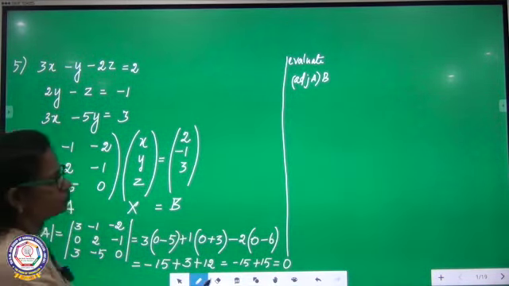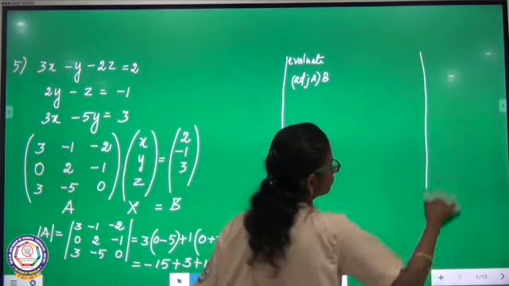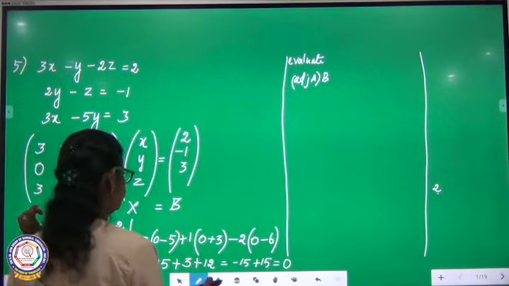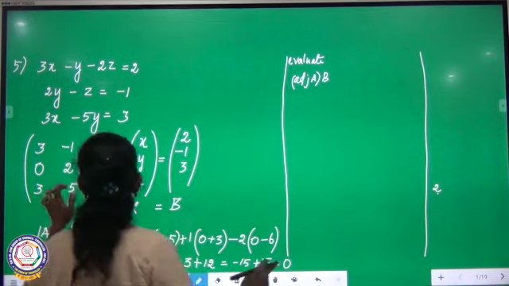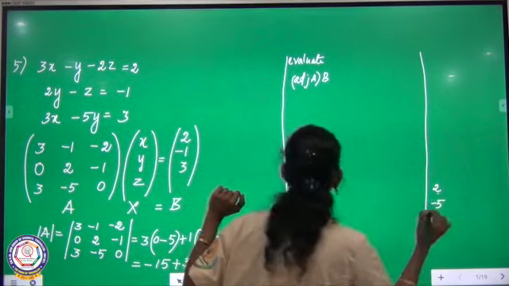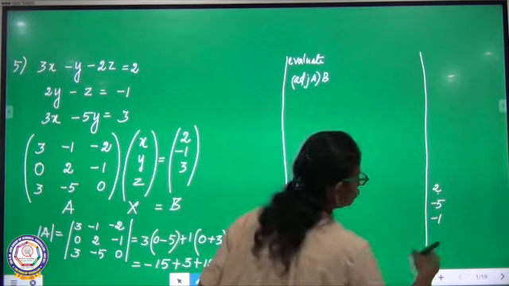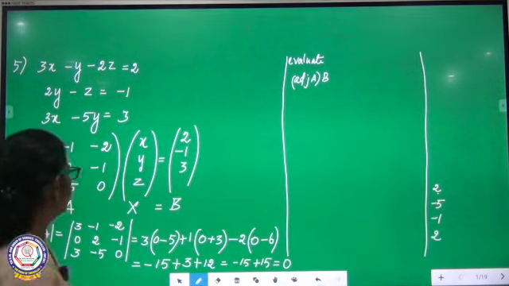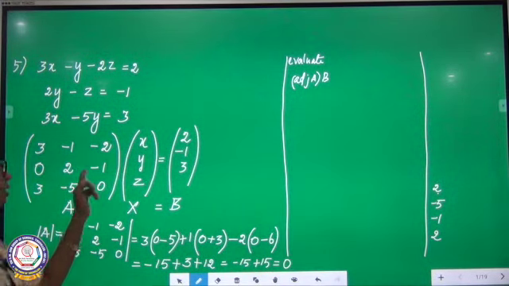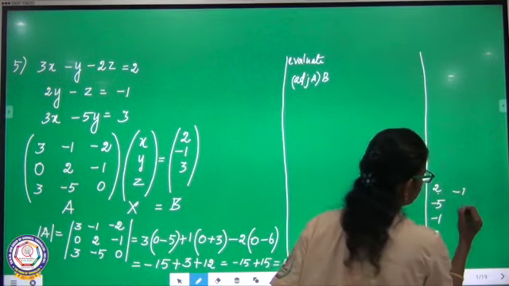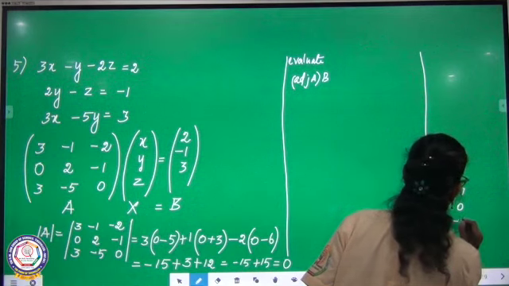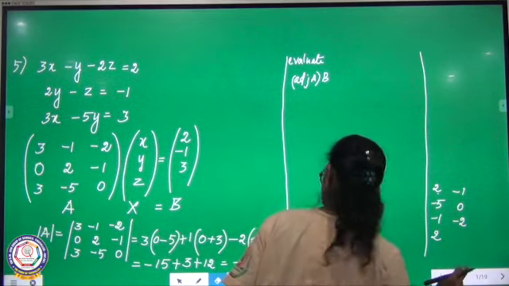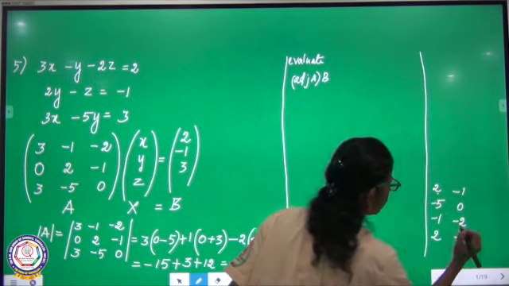Center element, then below, what is it? -5, above -1, then again the same entry you want to write as 2. Next you move towards the right. -1, 0, -2, -1.